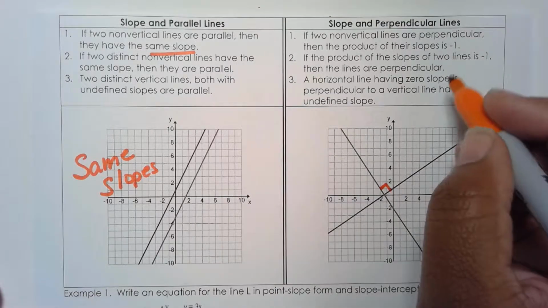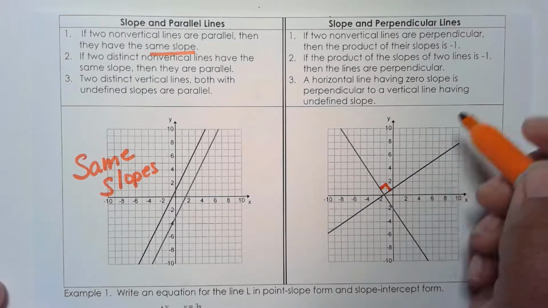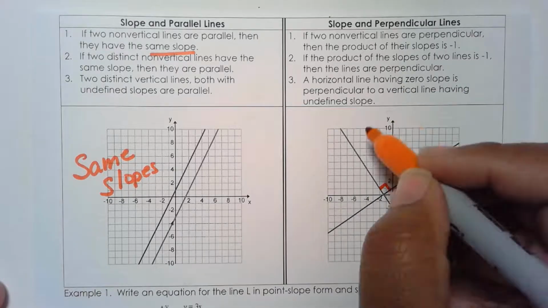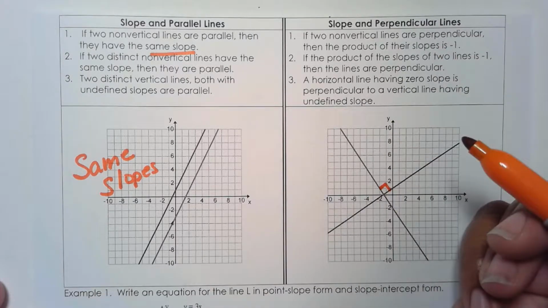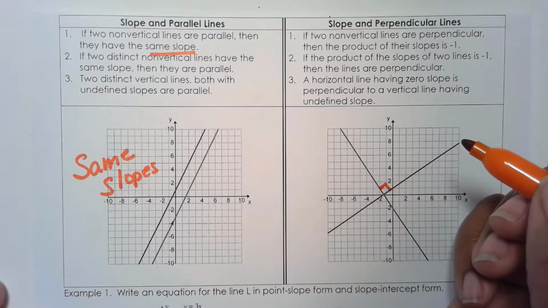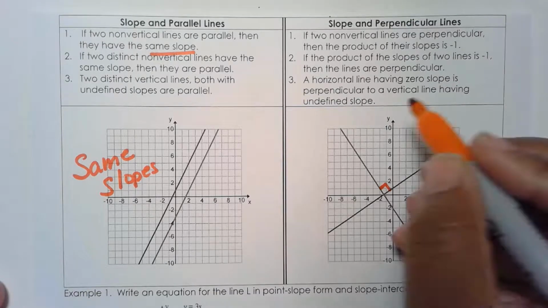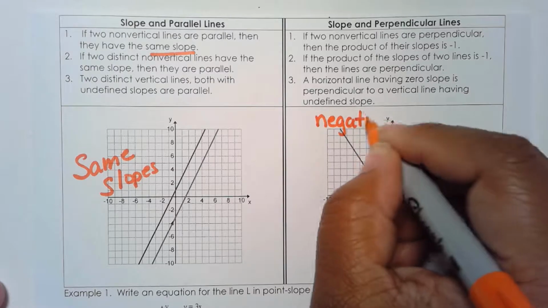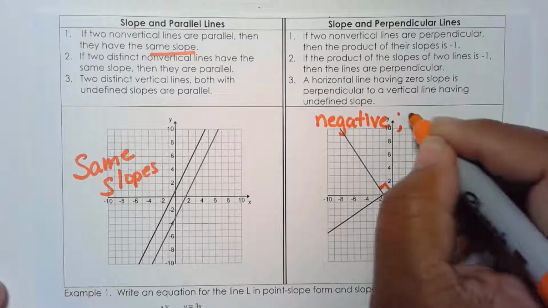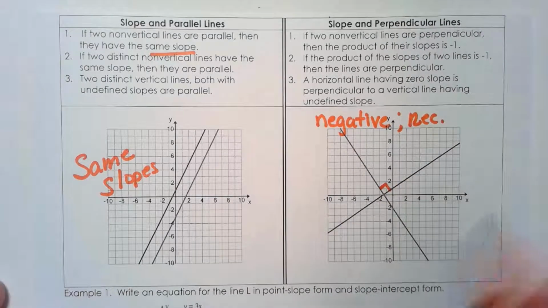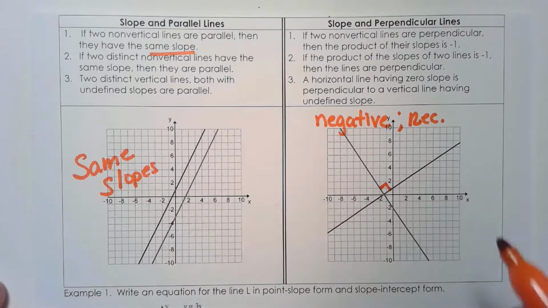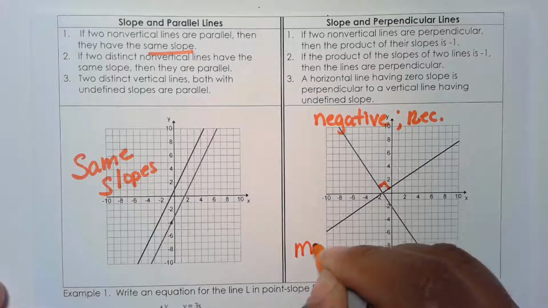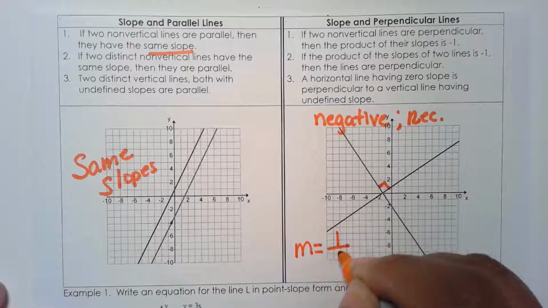So keep in mind that for perpendicular lines, the slopes are negative reciprocals of each other. For example, here I have a slope that's 1/5.